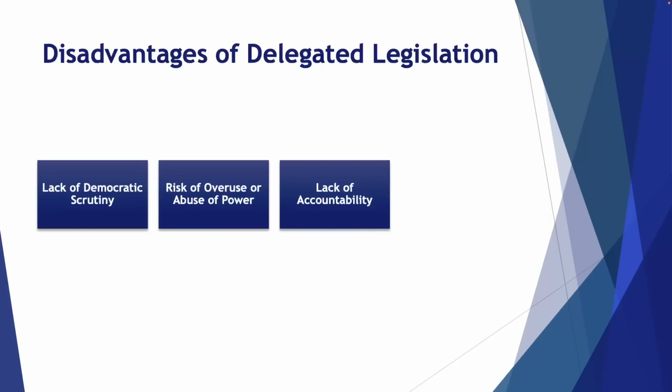For example, a minister who makes controversial regulatory decisions may not face the same level of scrutiny or accountability as they would have done if that decision had been made by a thorough parliamentary process.